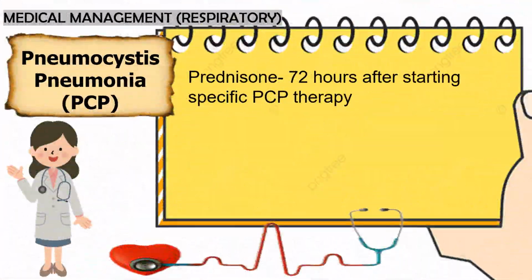Adjunctive corticosteroids prednisone are indicated as early as possible, preferentially within 72 hours after starting the specific PCP therapy.